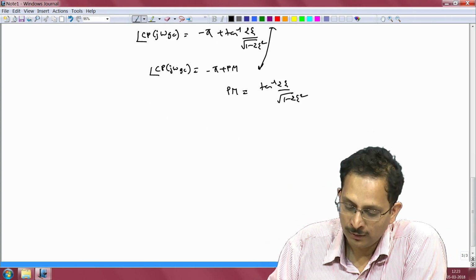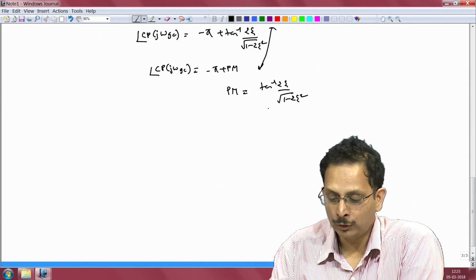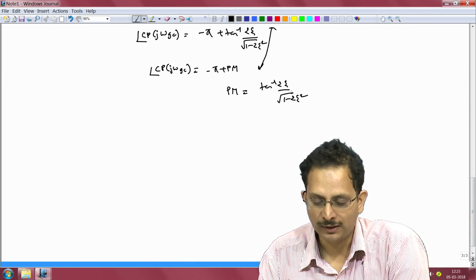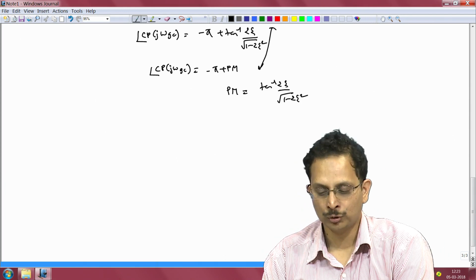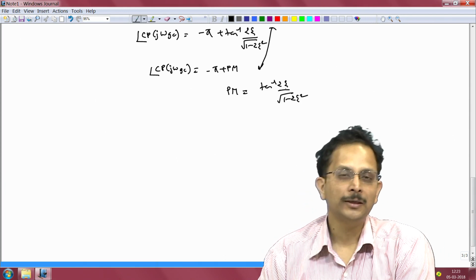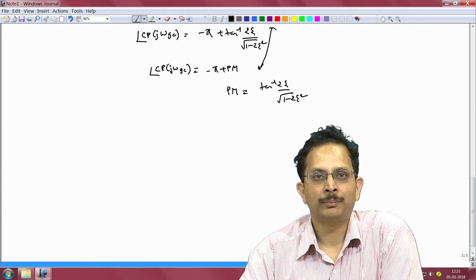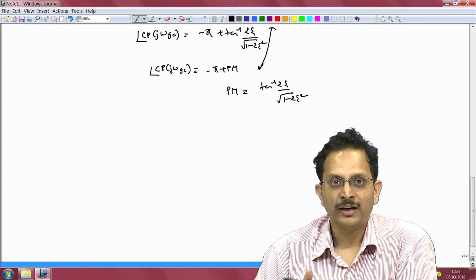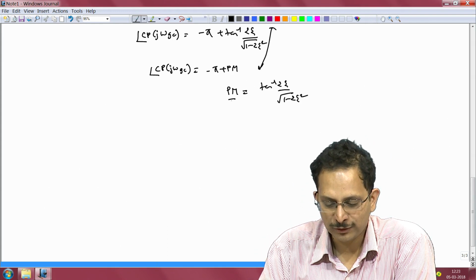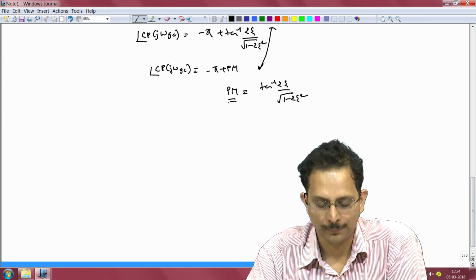Therefore, we note that if we were to specify the damping coefficient for our closed loop systems, zeta, which we in turn extract from the desired peak overshoot Mp, we are effectively specifying the phase margin of our system.